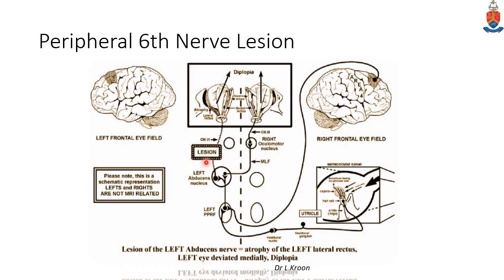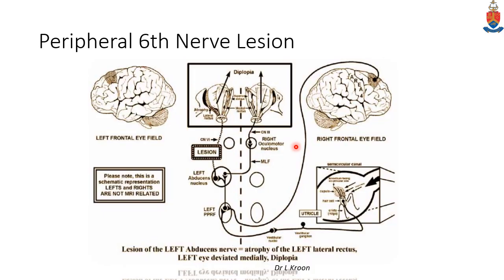It will therefore send a signal out to the abducens nerve to move the left eye to the left, abducting the eye. It will then send a signal via the right medial longitudinal fasciculus to the subnucleus that controls the medial rectus in the oculomotor nucleus complex.